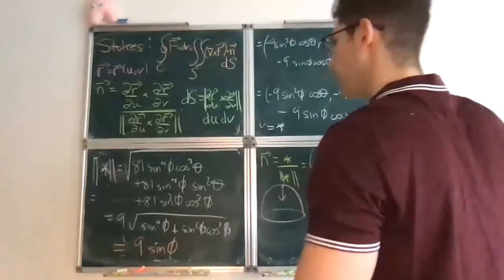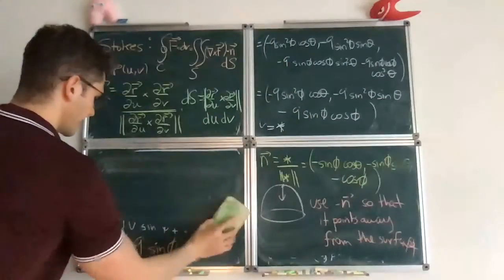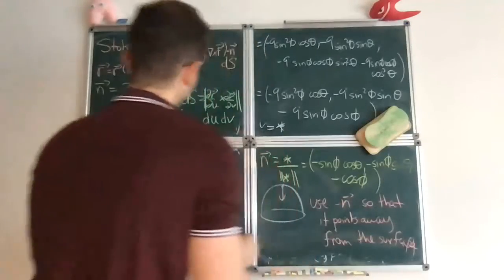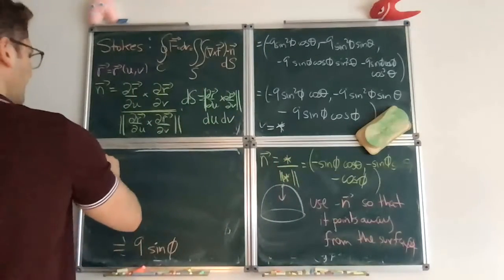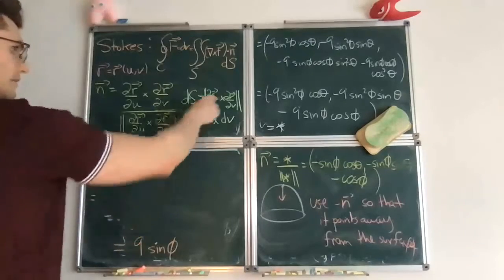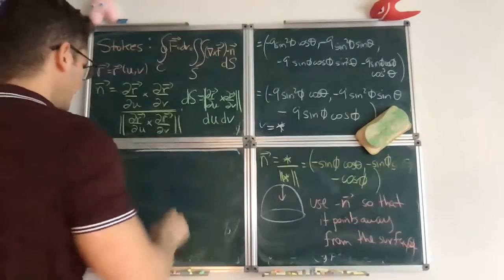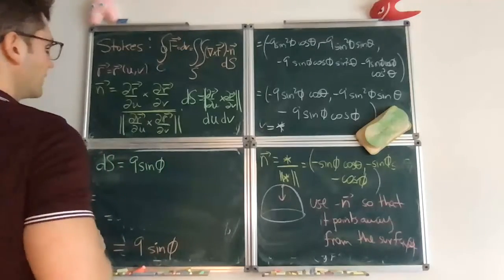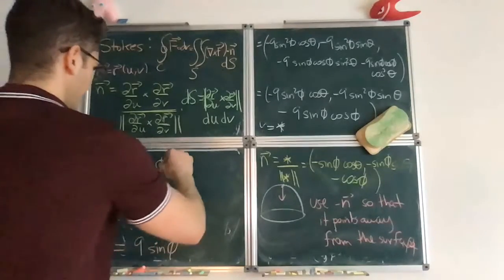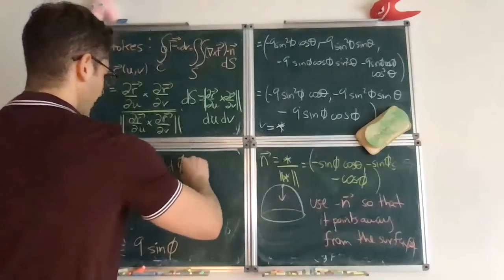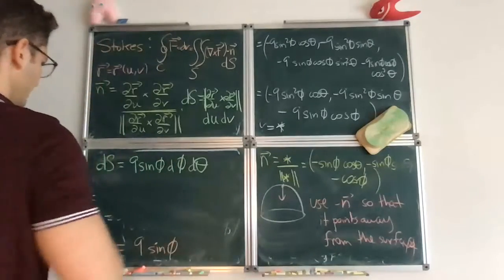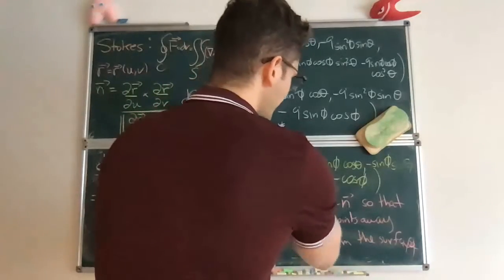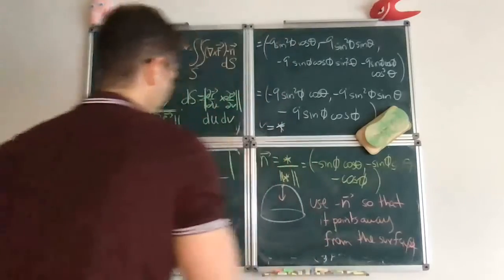So let's put these two pieces of information together. We have the dS, this is all that we need. So we know that dS is the norm times du dv, which is either d phi d theta or it doesn't matter in which order you write this. So this is dS. And the normal vector, again, in principle you could have thought about using this one, but you have to use the other one.